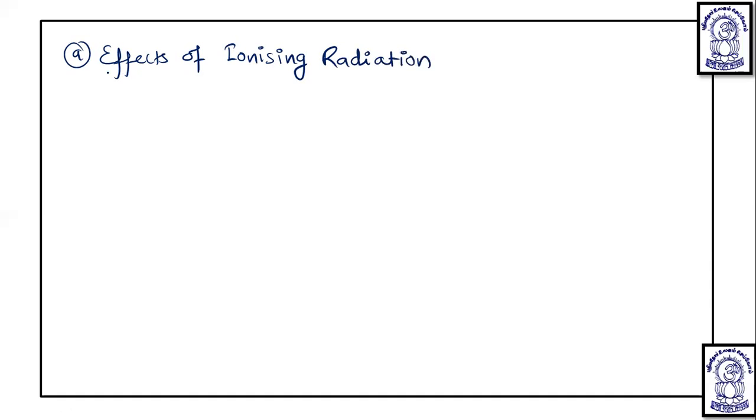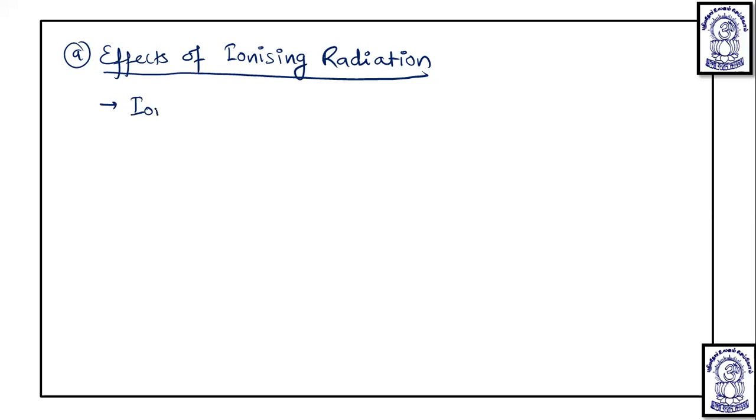First we are going to talk about the effects of ionizing radiation. As we have studied, this includes the X-ray, gamma ray, alpha ray, and beta rays.